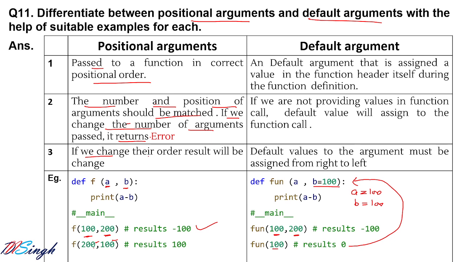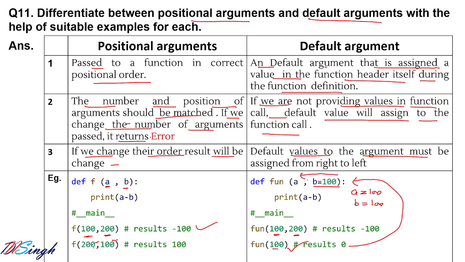If we change their order, the result will also change in positional arguments. And a default argument is assigned a value in the function header itself during the function definition. If we do not provide a value in the function call, the default value will be assigned. So in this function call, I am not giving a value for B, so the default value of B will be assigned.